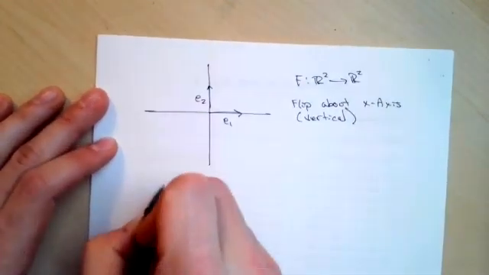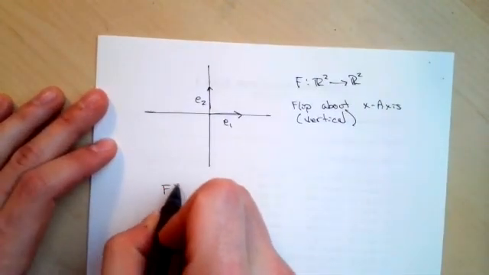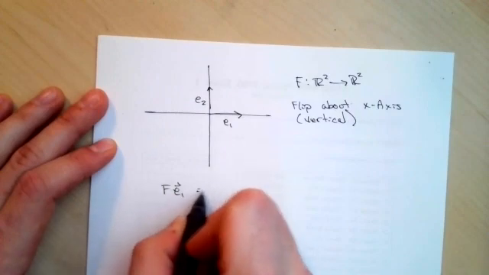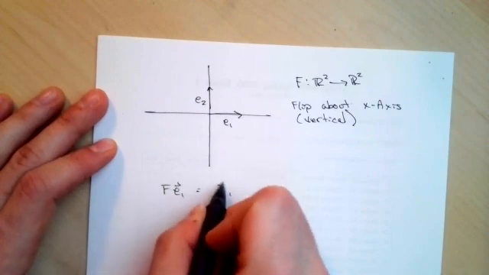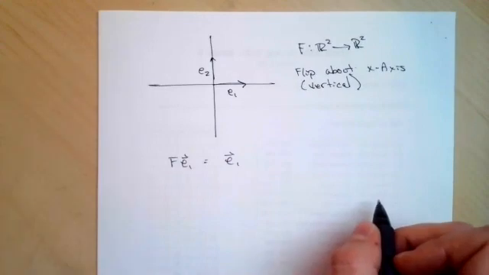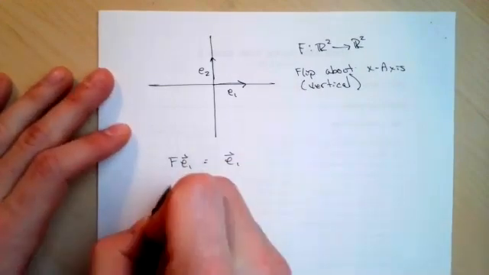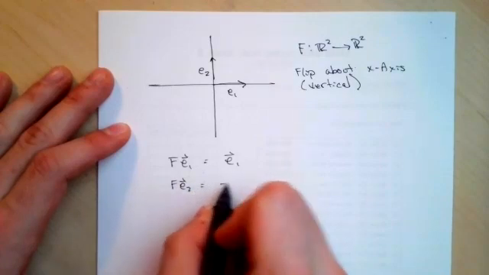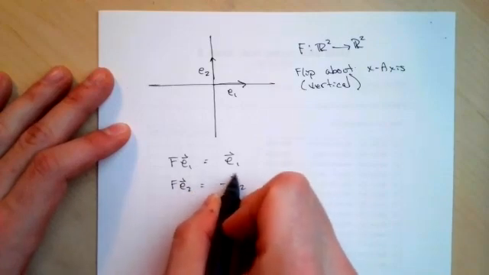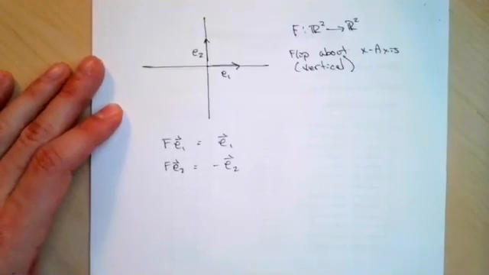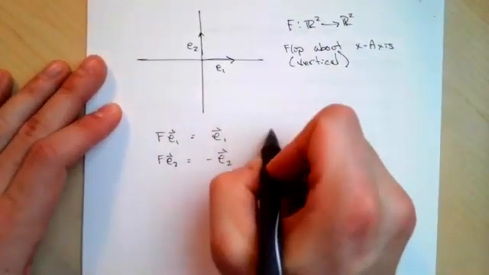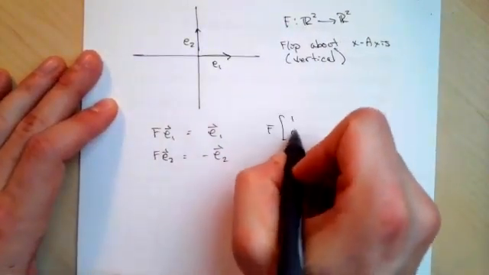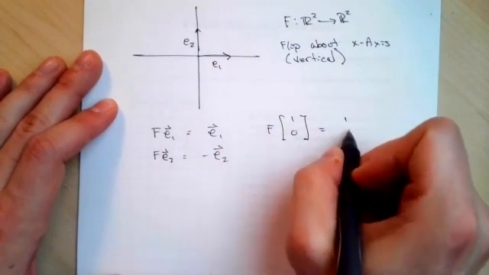So what's that going to mean? That means F of E1 is not going to do anything, right? That's just going to stay as it is. But F of E2 is just going to go to negative E2. In other words, F of 1, 0 equals 1, 0.